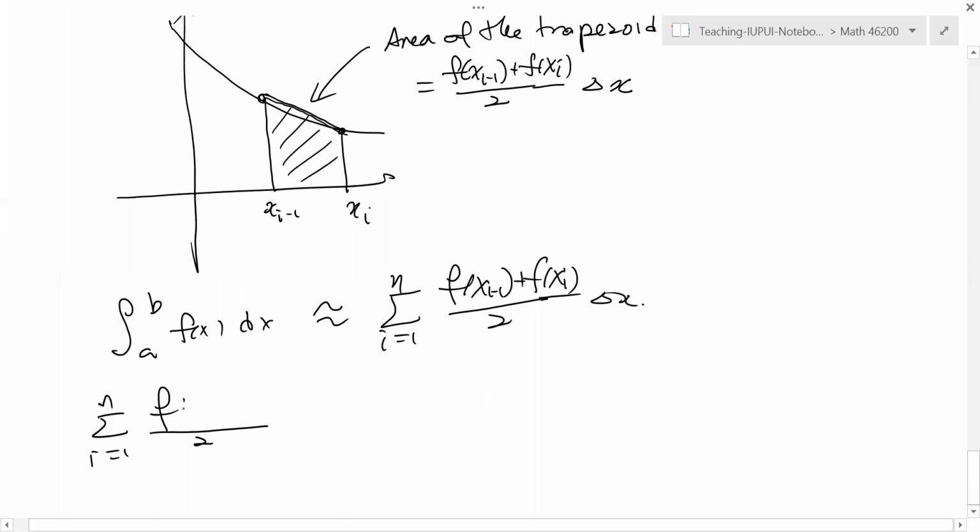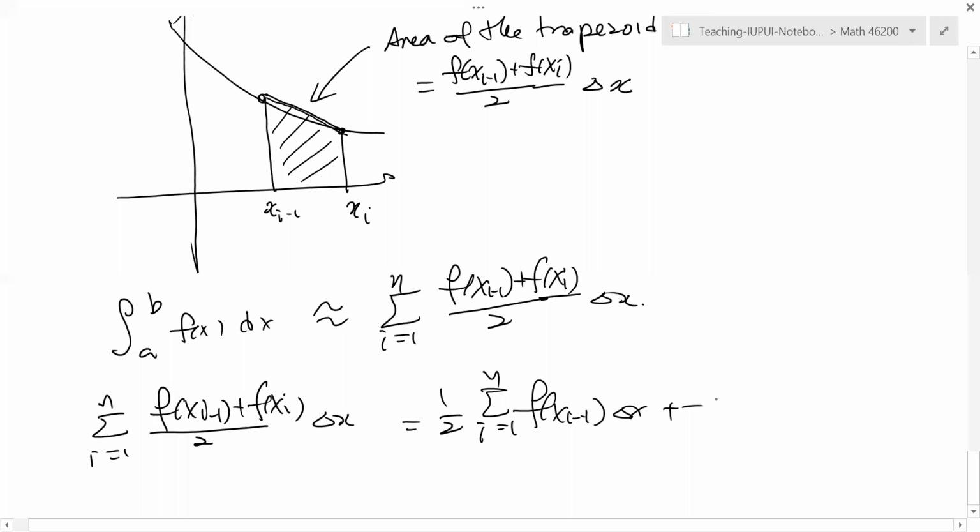So here I separate, and it's divided by 2 delta x, and plus 1/2 sum from i equals 1 of f of xi delta x. This is where we use a left endpoint.